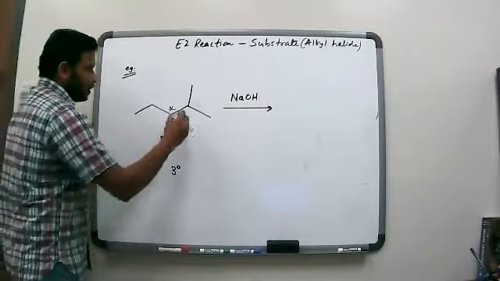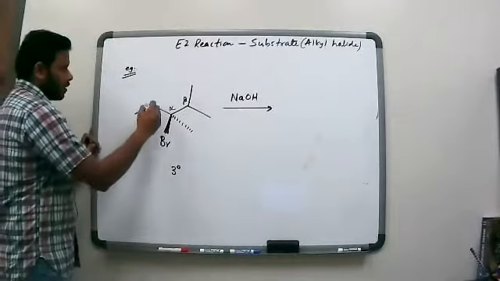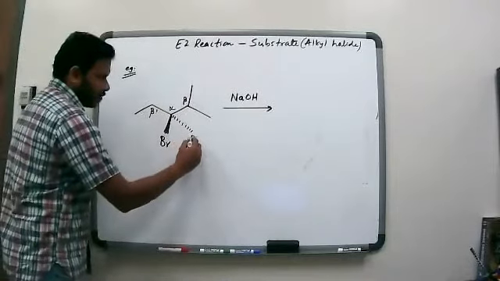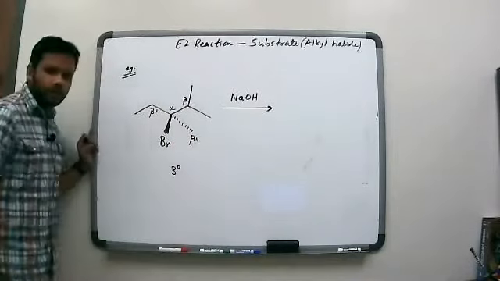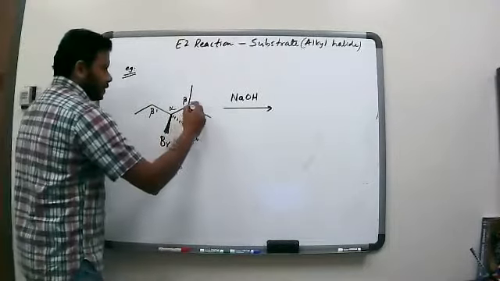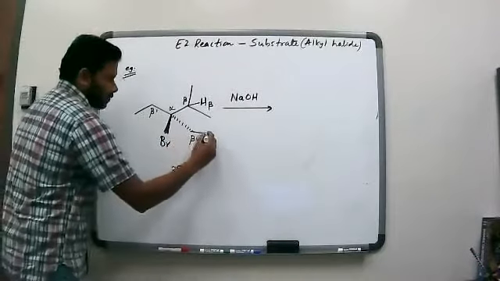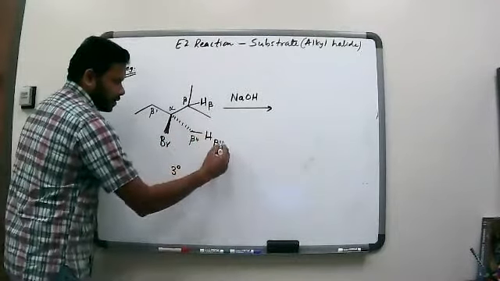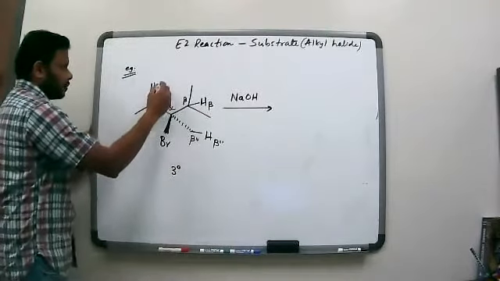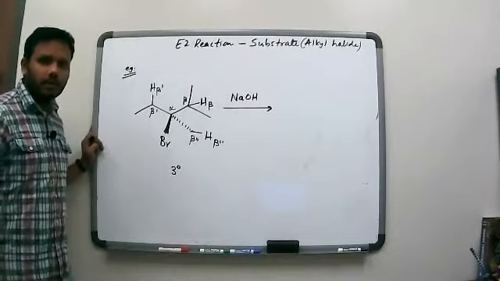And now notice we have beta, we have beta prime, and we have beta double prime. So we have 3 different beta hydrogens. We have H beta, we have H beta double prime, and we have H beta prime. So 3 possibilities for eliminations.